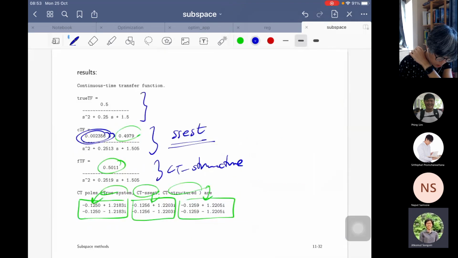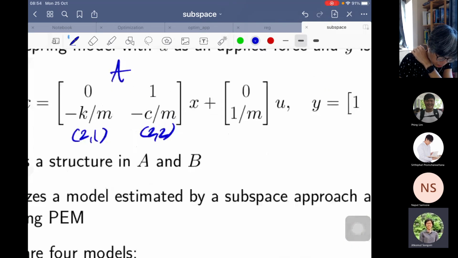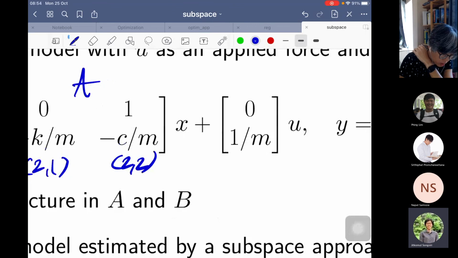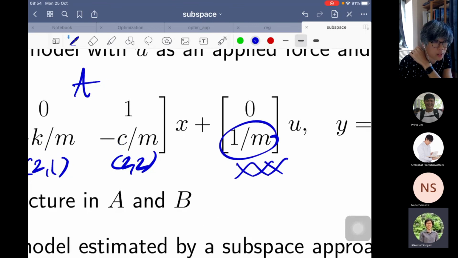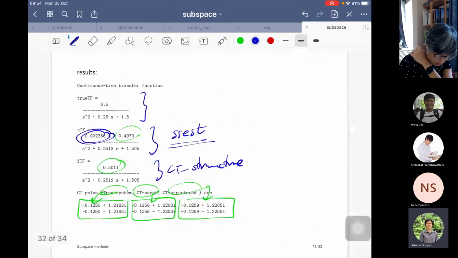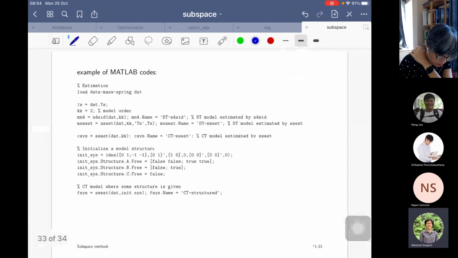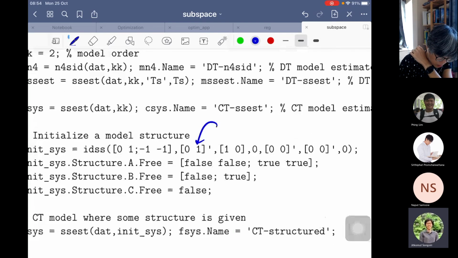In the matrix B, let's take a look. You want the second entry to be free, while the first one you want to keep fixed at 0. So when you predefine your matrix B, you predefine 0 here, and in the second entry, you leave it to be a free parameter.